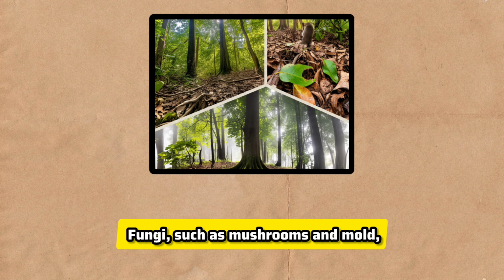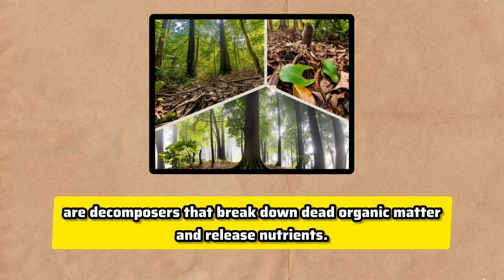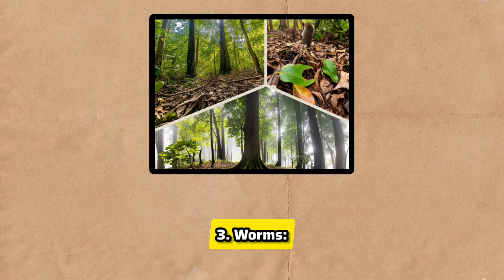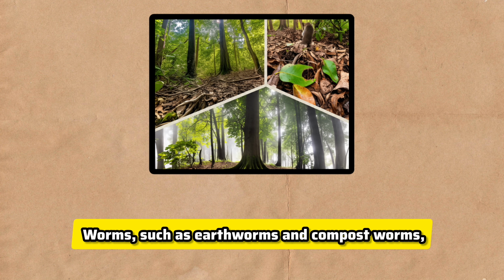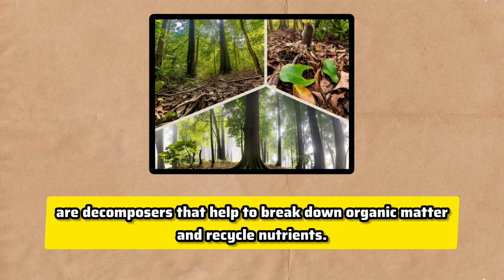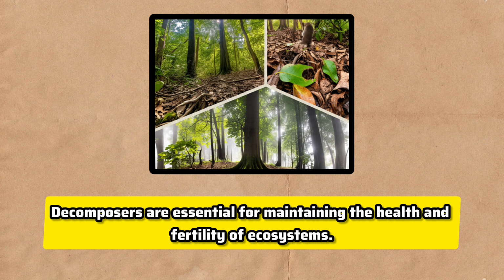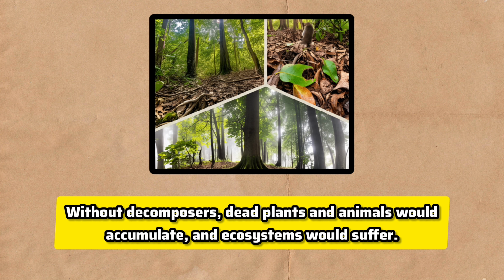Fungi, such as mushrooms and mold, are decomposers that break down dead organic matter and release nutrients. 3. Worms. Worms, such as earthworms and compost worms, are decomposers that help to break down organic matter and recycle nutrients. Decomposers are essential for maintaining the health and fertility of ecosystems. Without decomposers, dead plants and animals would accumulate and ecosystems would suffer.